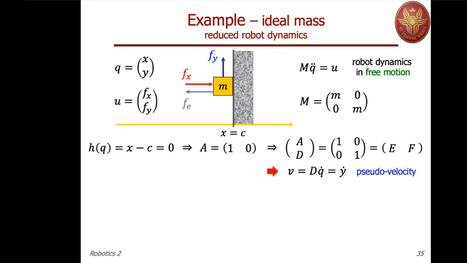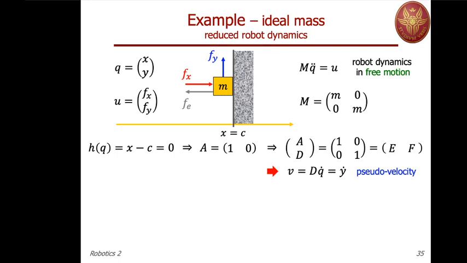Now, the pseudo velocity will be D times q dot, so we are picking out only the second component out of the generalized velocity q dot, which is nothing else than y dot. This simply means that the velocity which survives this reduction is only the velocity along the tangent to the plane.